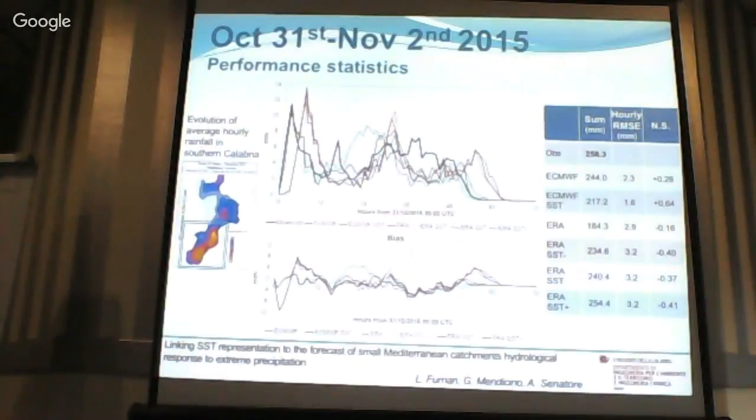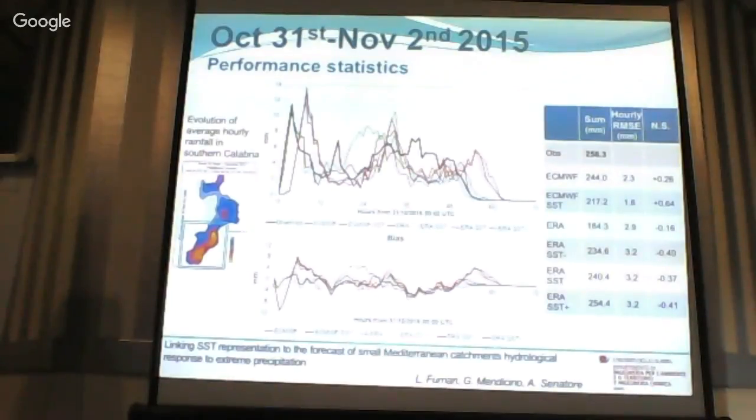But if we assimilate high resolution sea surface temperature to ERA-Interim, the precipitation lasts a little bit longer. This analysis was made on this subdomain, so we consider only terrain, of course, not also the sea.